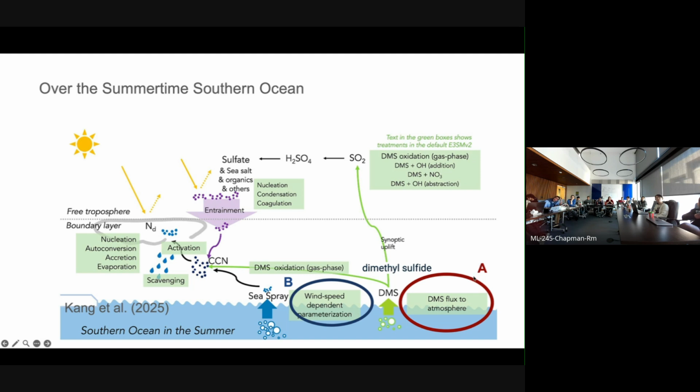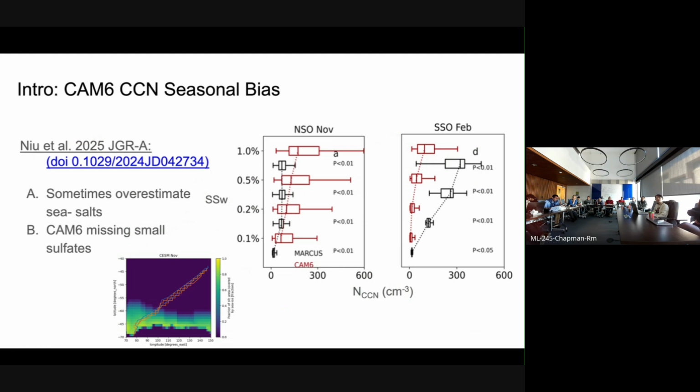Secondary CCN have lots of complication here, but the pathway in CESM6 includes the open surface emission from the ocean of the gas dimethyl sulfide, which gets synoptically uplifted and then goes all the way from the gas to sulfate and then through entrainment to surface cloud condensation nuclei as well. So between the two pathways, we are identifying biases in different CCN types.